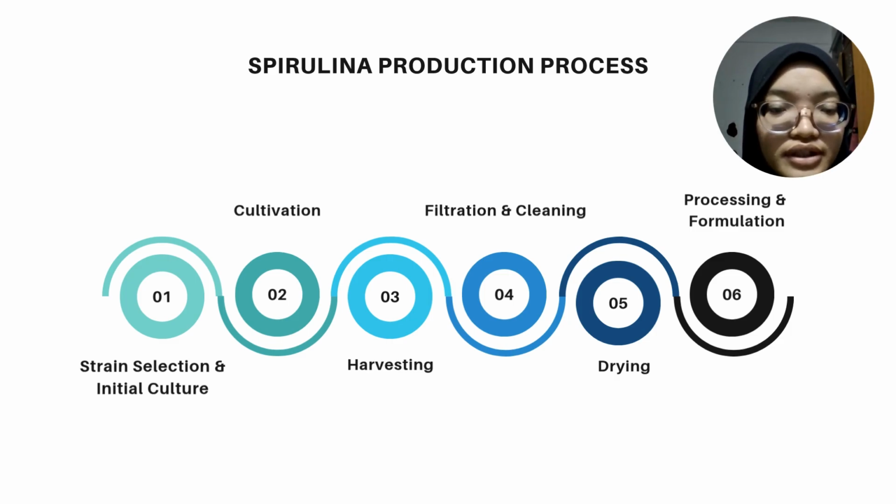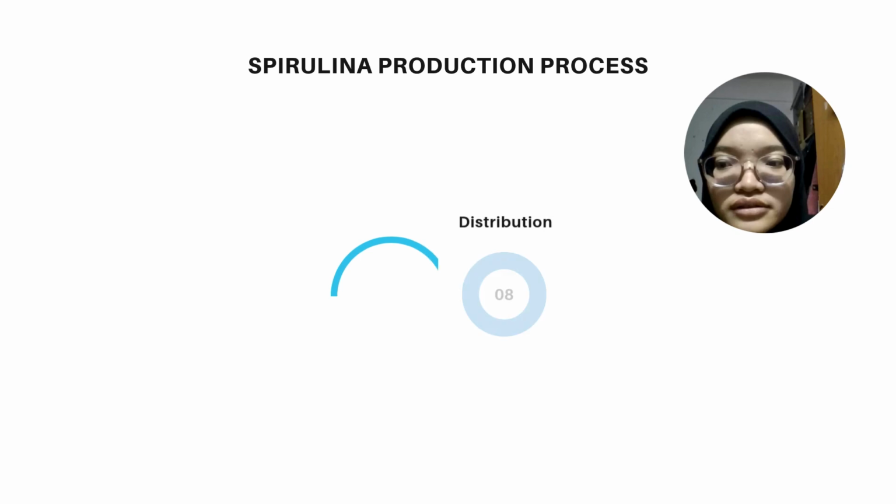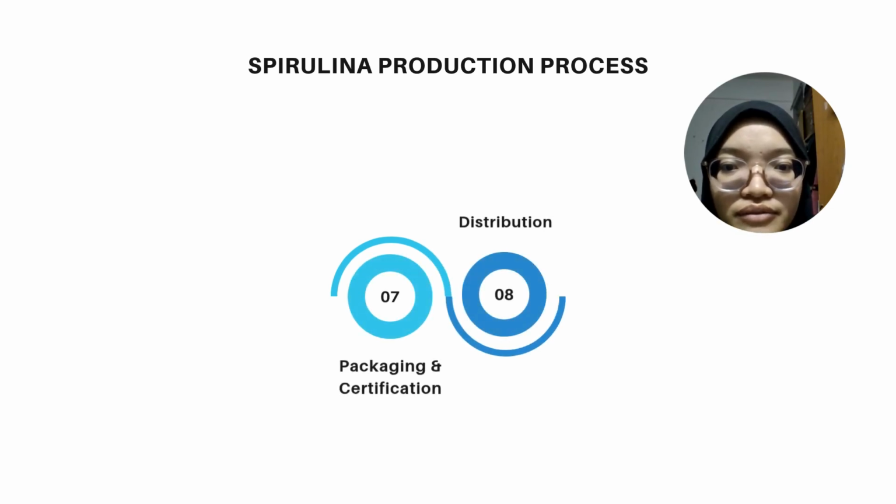Okay, number six is processing and formulation. After drying, spirulina is milled into fine powder or compressed into tablets and capsules. DSN ensures that all formulations meet GMP standards and retain high bioavailability. And then next, 7. Packaging and certification.